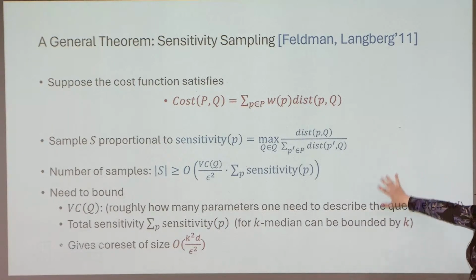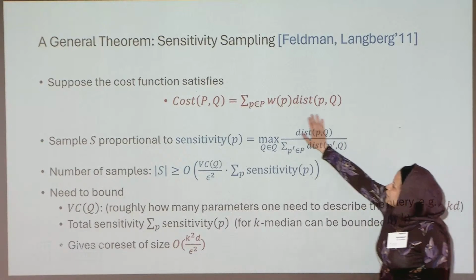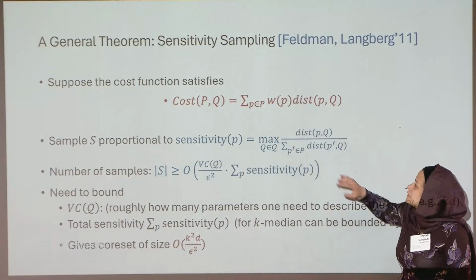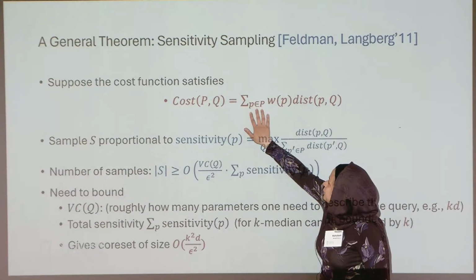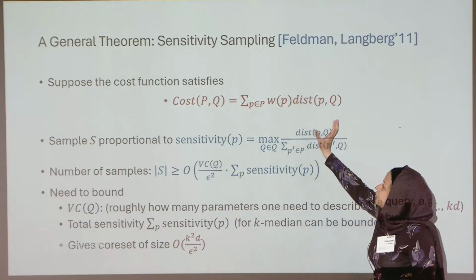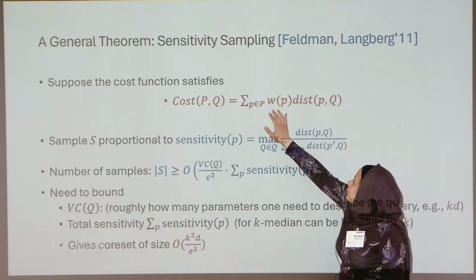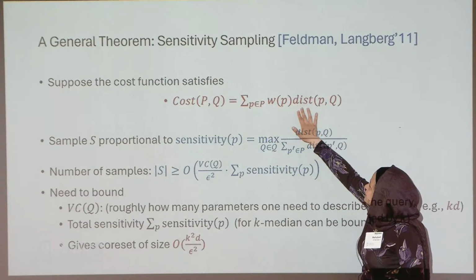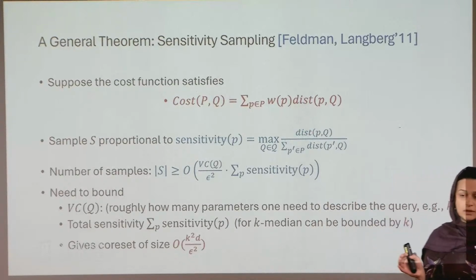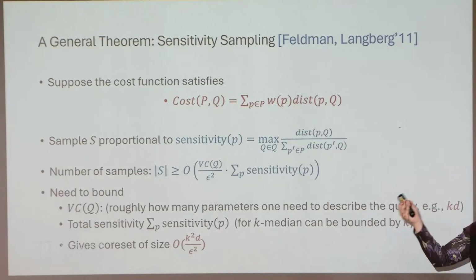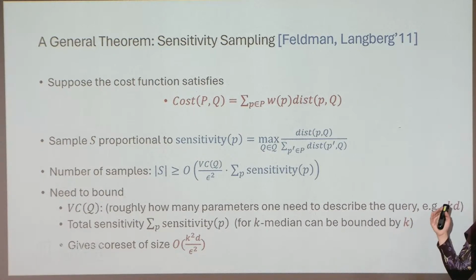Basically, this sensitivity sampling works for cost functions of this form: the cost function should be the sum over all the points, with some weight that maybe depends on the point, times the distance of the point to the query. One instance of it is k-median, but the query could be more than a set of k points. Maybe it's just a single subspace of some dimension j, or a collection of k subspaces, each of dimension j.